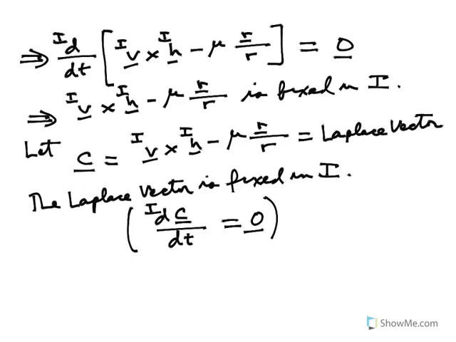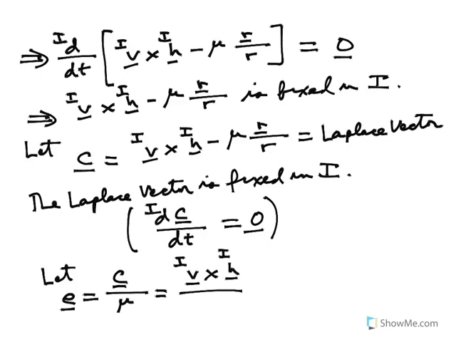So we divide through by the gravitational parameter as follows: we say let E equal the Laplace vector divided by mu, which is equal to vi crossed with hi all divided by mu minus r all divided by the radius. And this vector is what's called the eccentricity vector.